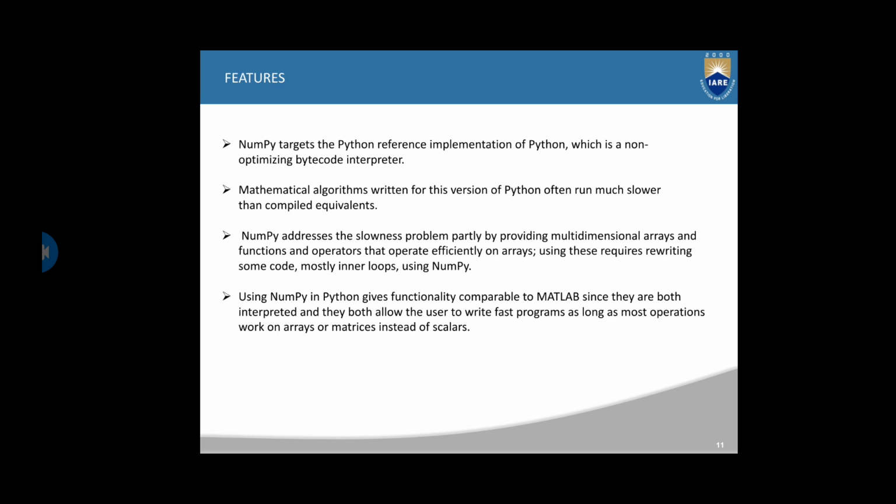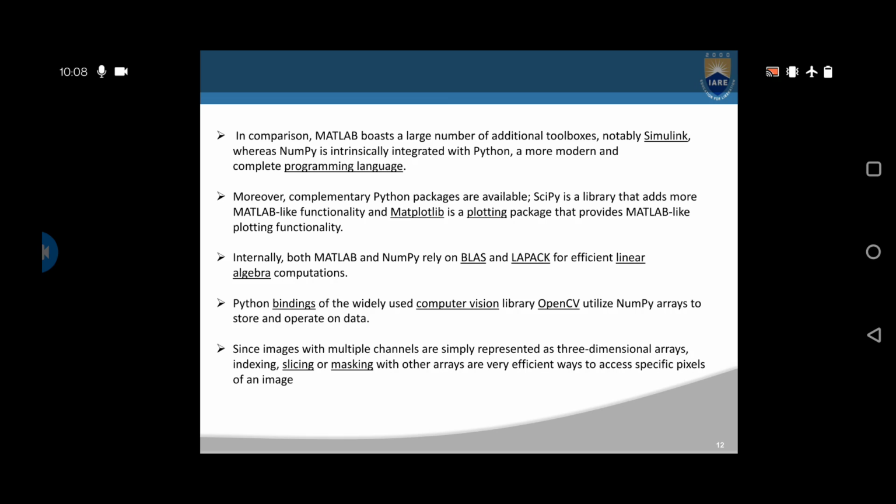Using NumPy in Python gives functionality comparable to MATLAB since they are both interpreted and they both allow the user to write fast programs as long as most operations work on arrays or matrices instead of scalars. In comparison, MATLAB boasts a large number of additional toolboxes, notably Simulink, whereas NumPy is intrinsically integrated with Python, a more modern and complete programming language.